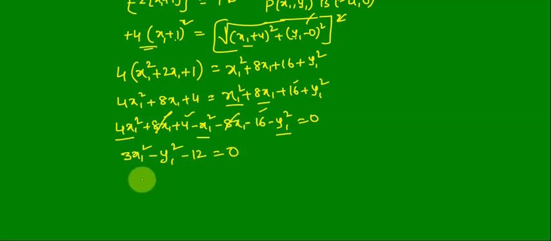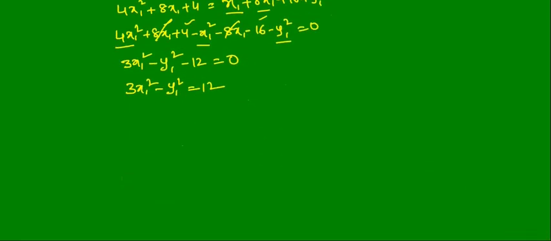So now what I'll do, I'll take this 12 to the right hand side, it will become 3x1² minus y1² is equal to 12, right? So now I'll divide both sides by 12. Then what happens? (3x1² minus y1²) whole divided by 12 is equal to, on the right hand side also 12 by 12, this will become 1.